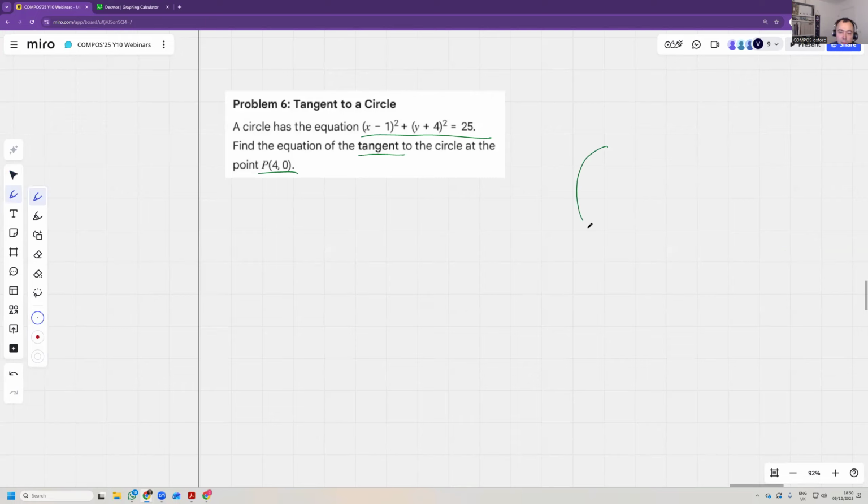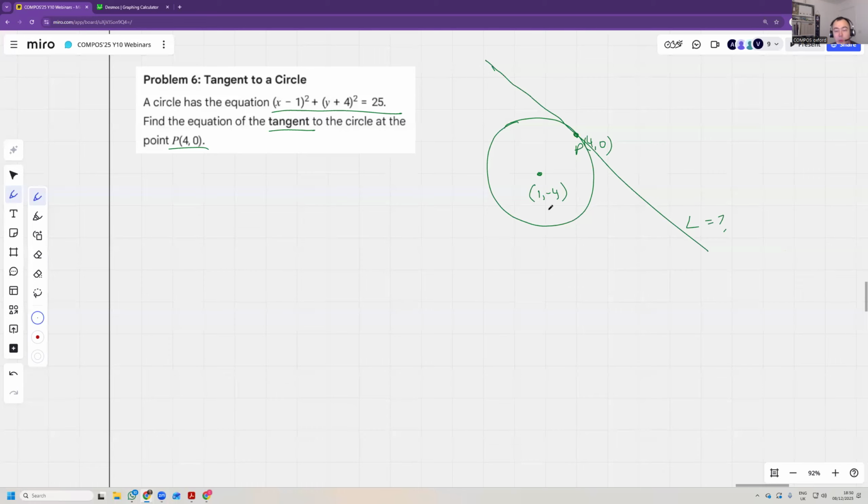So you have a circle. The center of the circle is 1, negative 4. And the point 4, 0, so somewhere here, a point P. And we want the equation of a tangent to the circle.